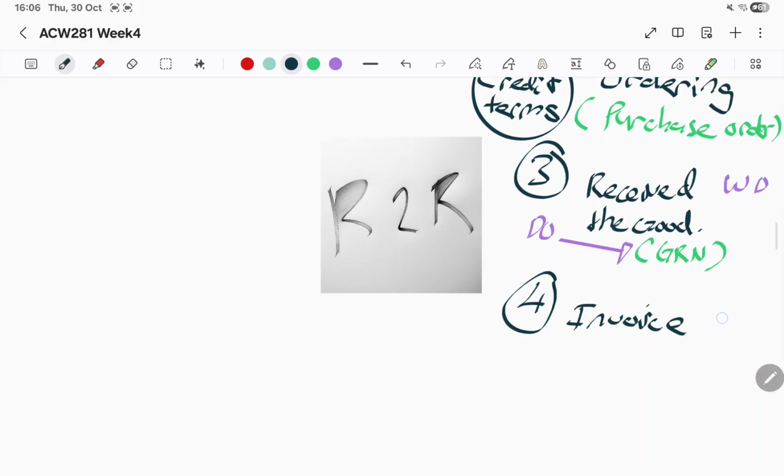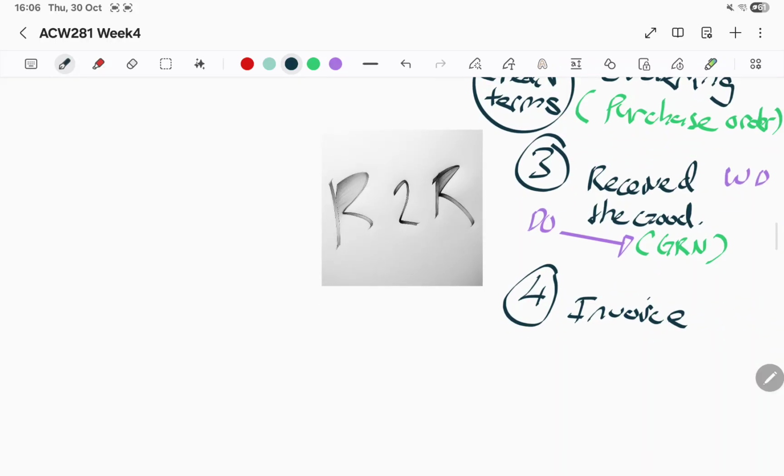Then over here, you will receive the supplier invoice, and you will enter it into the system to record what they call the purchase invoice, right? Usually the system will name it the purchase invoice.